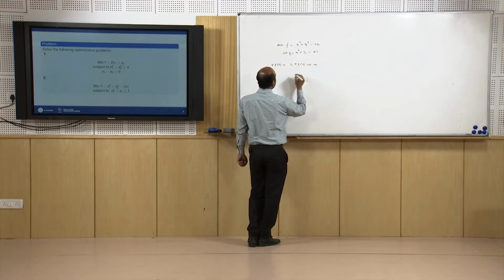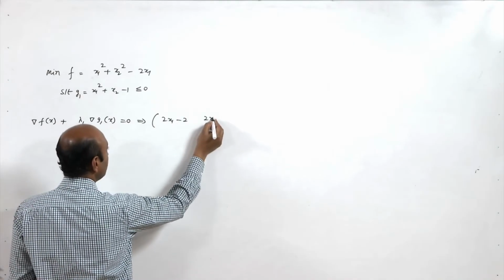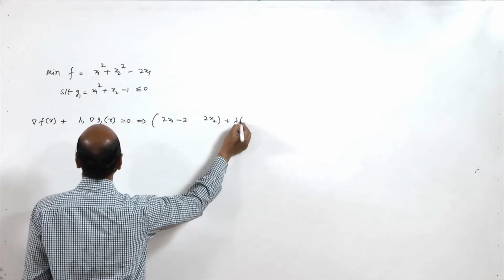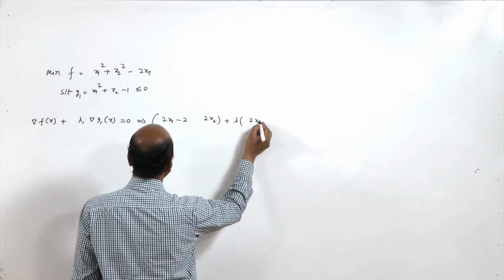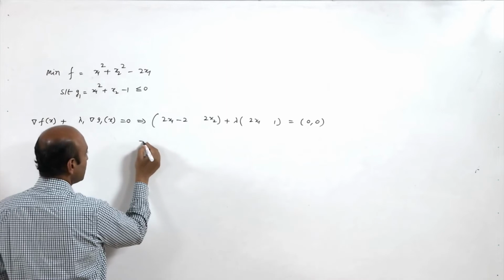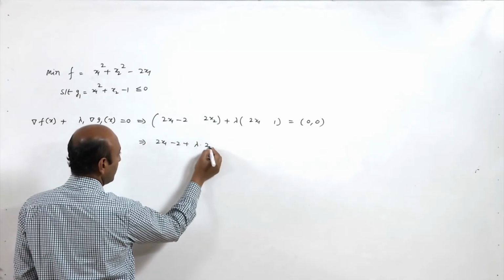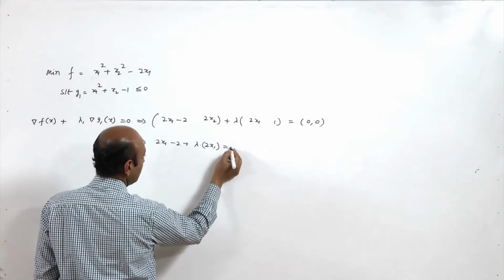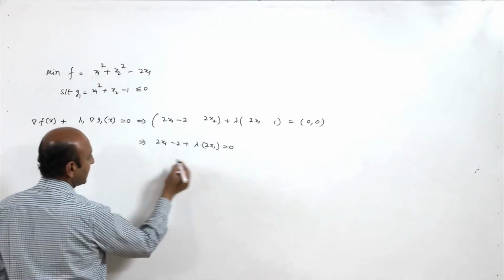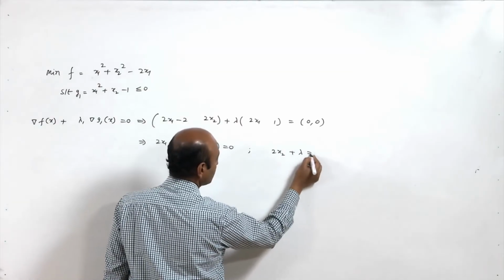This implies gradient of f is 2x1 minus 2, 2x2, plus lambda times gradient of g1, which is 2x1 and 1, should be 0 comma 0. This implies 2x1 minus 2 plus lambda into 2x1 is 0, and the second implies 2x2 plus lambda equal to 0.